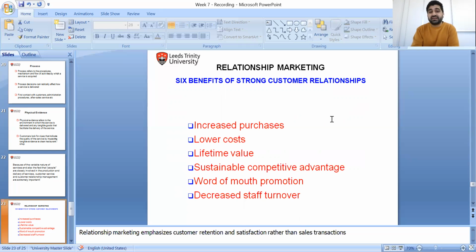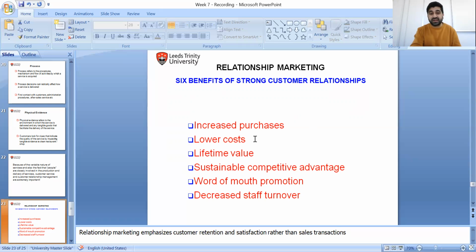There are different benefits of strong customer relationships. Number one, increased purchases. Yes, if there is a strong relationship with your customers, then the association of customers will be high towards your company, towards your business. So your purchases, your sales will be high.